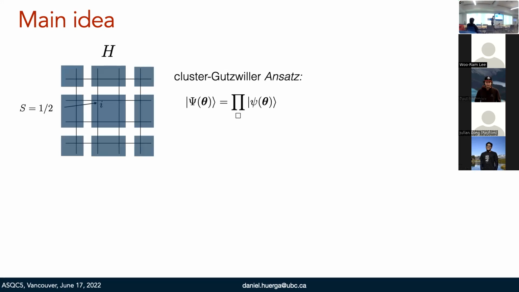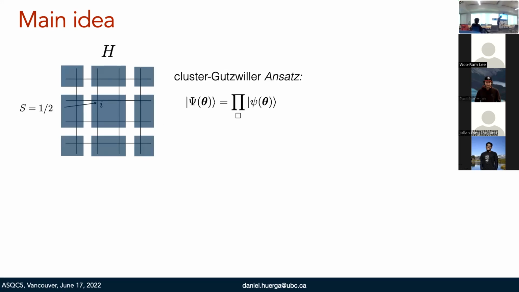This is just a simple uncorrelated product of n-spin wave functions that are patching, or tiling, the whole 2-dimensional infinite lattice. Like here, I'm sketching just 2x2 clusters in blue.